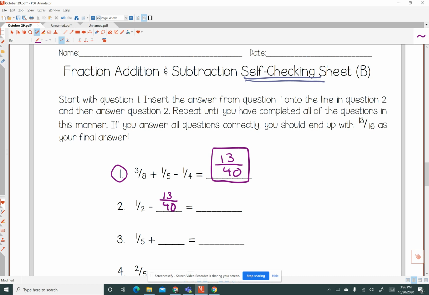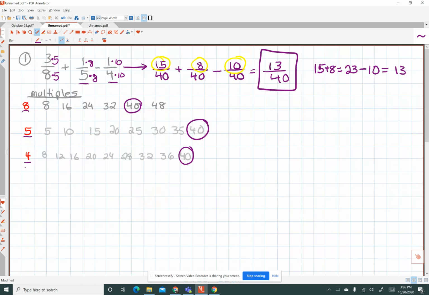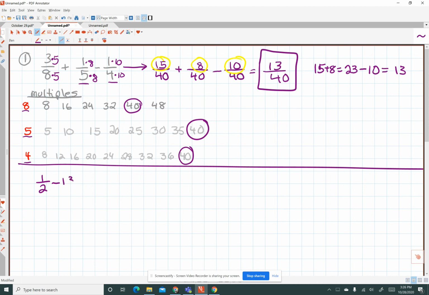Now we have 1/2 minus 13/40. So let's get some room. 1/2 minus 13/40. Well, 40 is a multiple of 2, so we can keep that denominator. We need to turn the next denominator into 40ths.